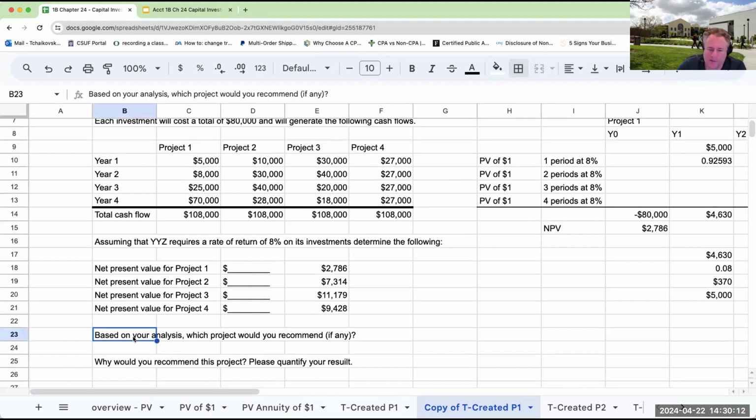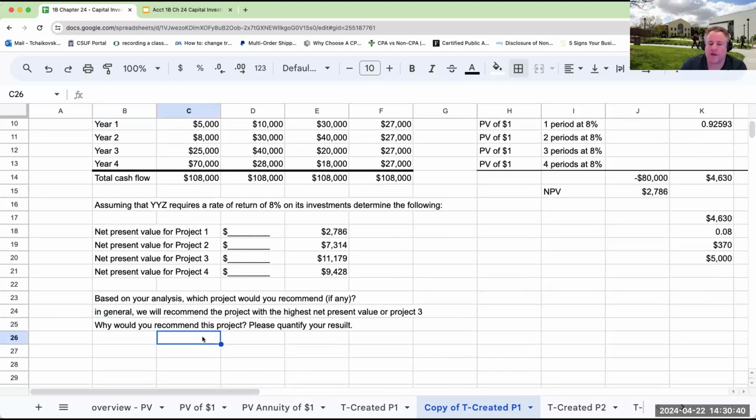Based on our analysis, which project would you recommend, if any? Well, in general, we will recommend the project with the highest net present value, or project 3. Okay. Now, why would I recommend this project?